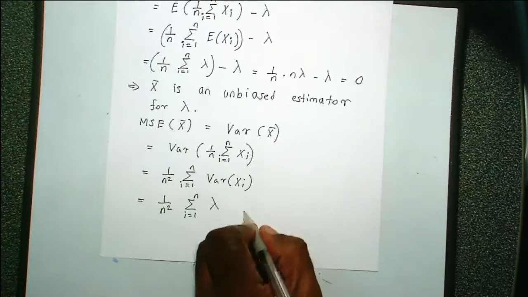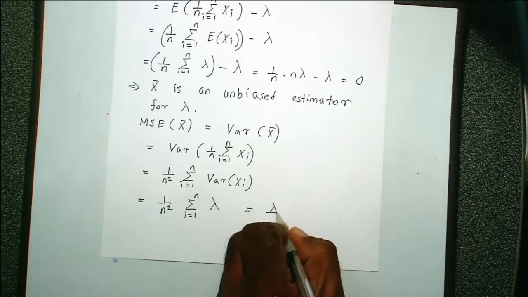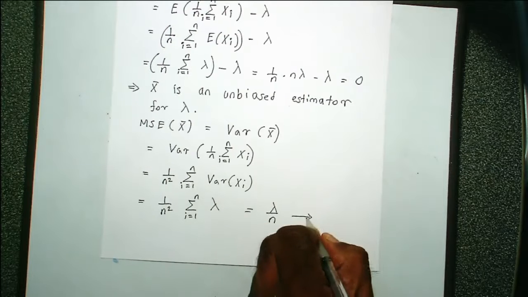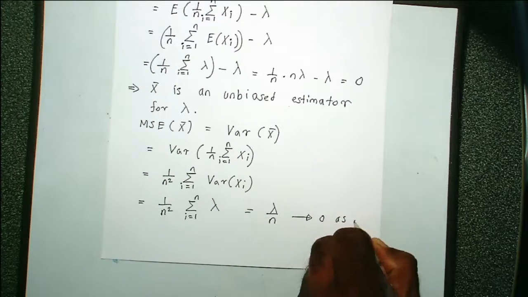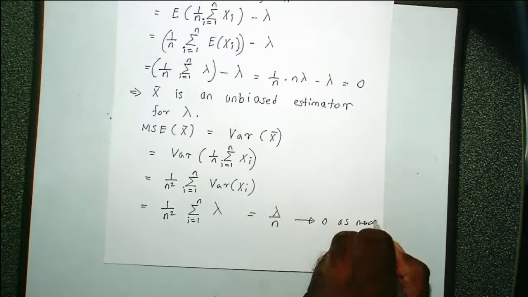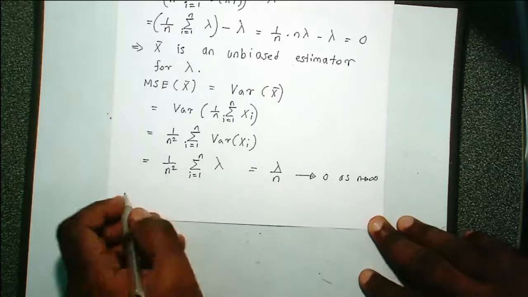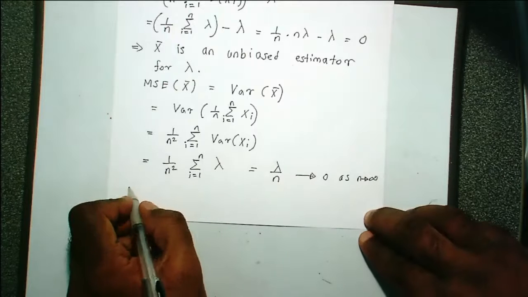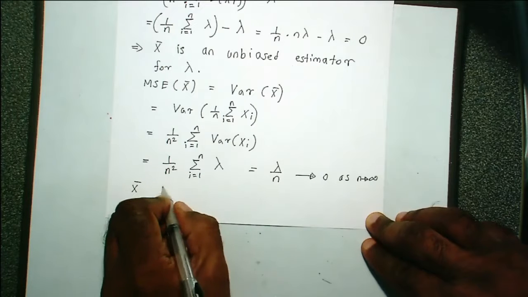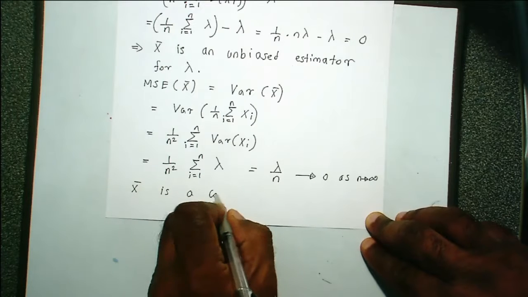If you simplify this, it becomes lambda over n, which approaches 0 as n approaches infinity. So the conclusion here is that x bar is a consistent estimator.